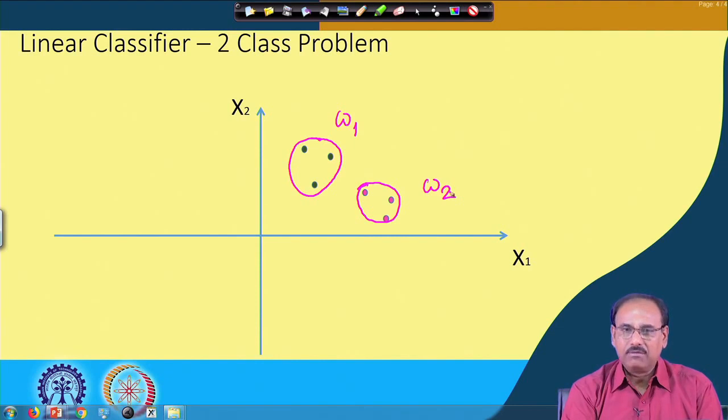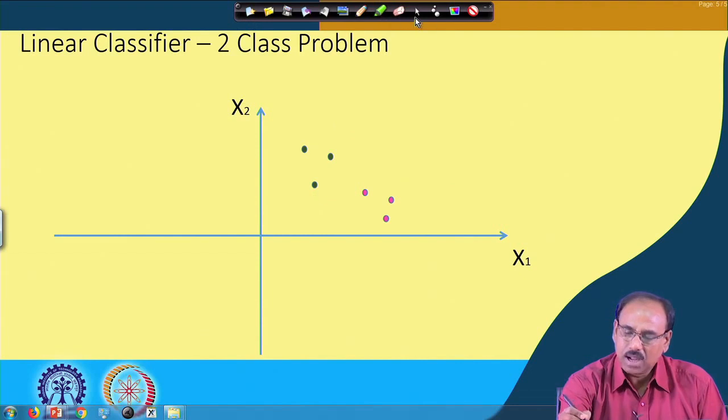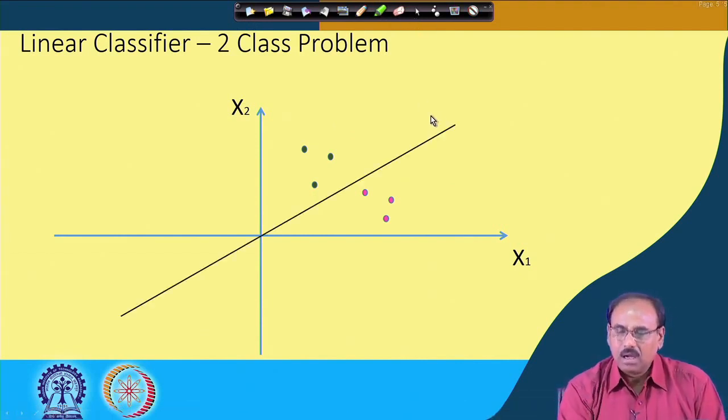What I want is a plane which separates these two sets of feature vectors, one from class omega 1 and one from class omega 2. How do we do this? I am trying to find a plane something like this, and you find that this plane clearly separates the feature vectors from class omega 1 and those from class omega 2.